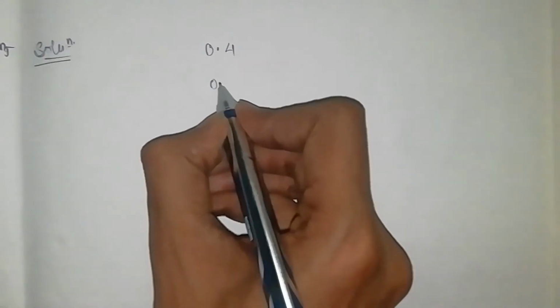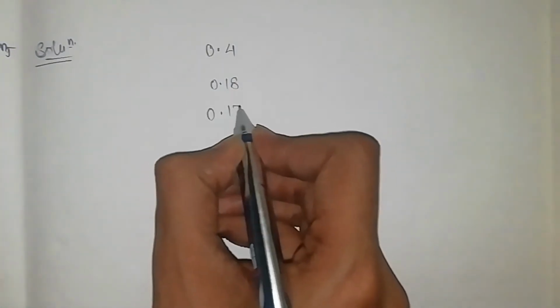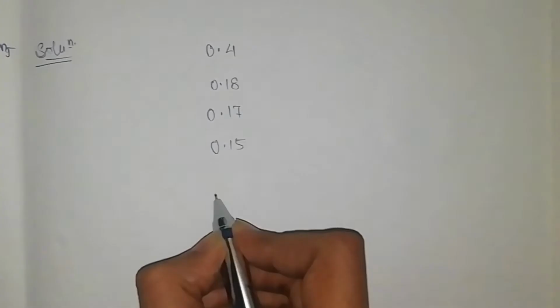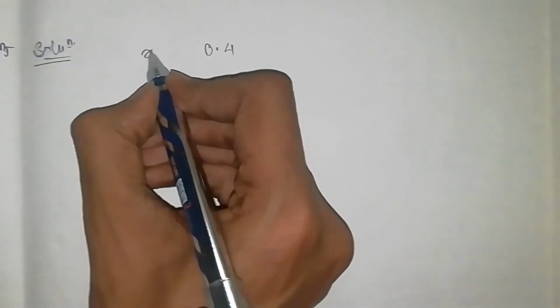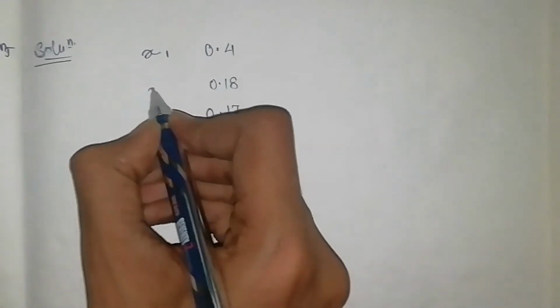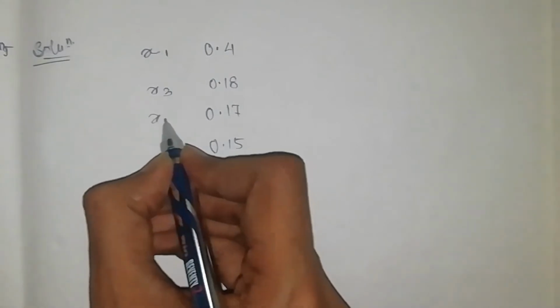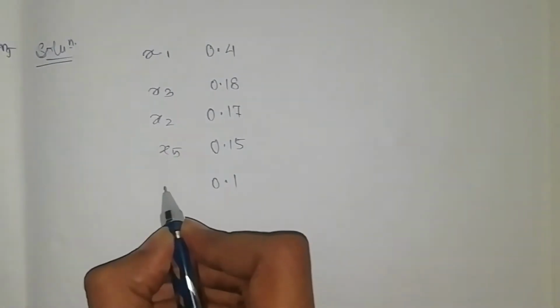So they will be 0.4, then 0.18, then 0.17, then 0.15 and then 0.1. I will write the symbols near them: x1, x3, x2, x5 and x4.